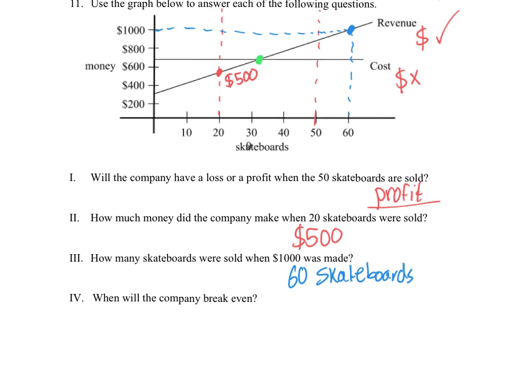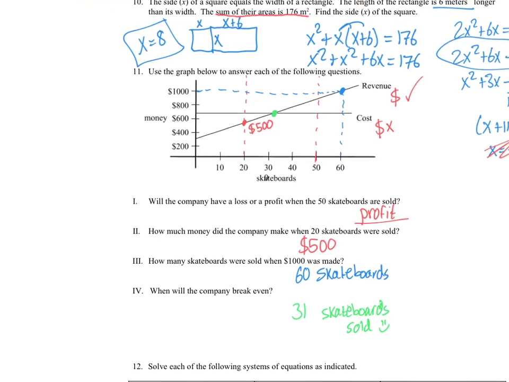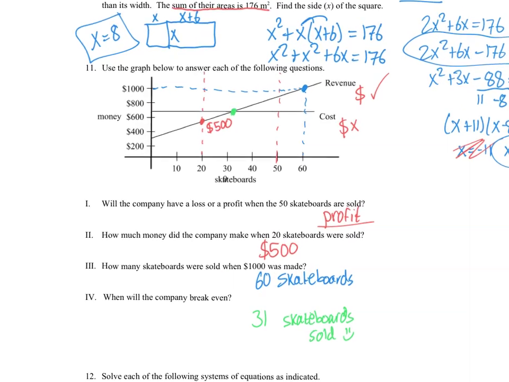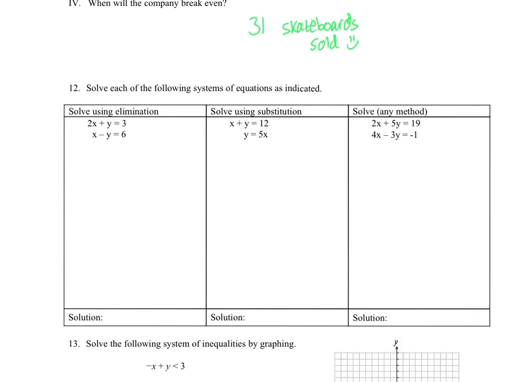The test is not going to leave it kind of up for interpretation like that. It'll be more exact, but just for fun, let's say 31. 31 skateboards sold. Right. Good.